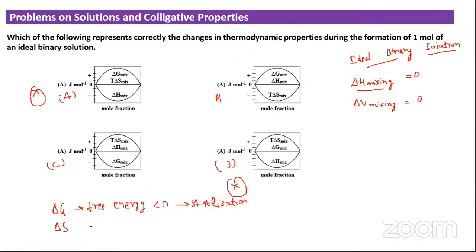And all the natural processes tend toward increase in entropy.